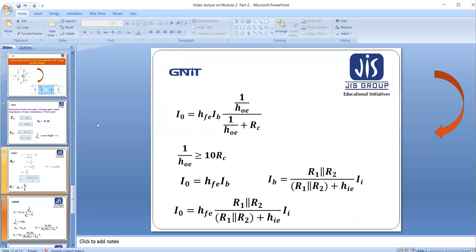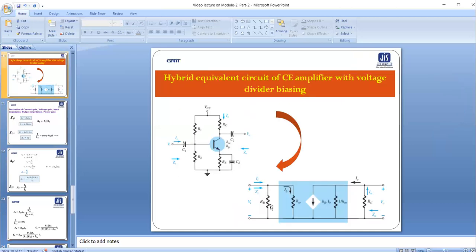And in the case of IB, again there are two parallel resistances, and IB is a fraction of the total input current II. IB is flowing through the resistance HIE, so the opposite resistance should be taken into consideration. Therefore, IB equals II into RB divided by RB plus HIE.